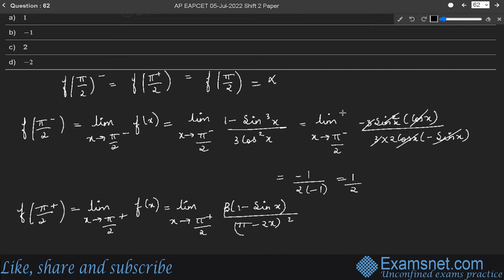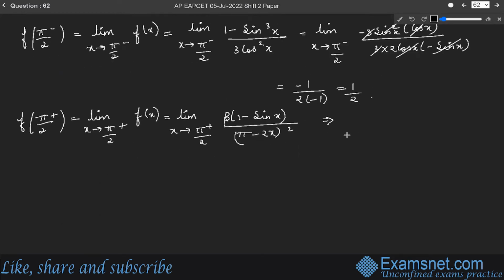Now on further solving, again this will be 0 by 0 form. It will not be equal to 1 by 2 since it is 0 by 0 form. So here we have to apply the L'Hospital's rule.